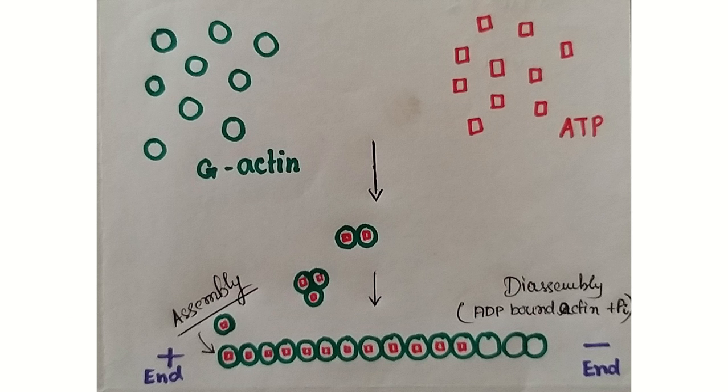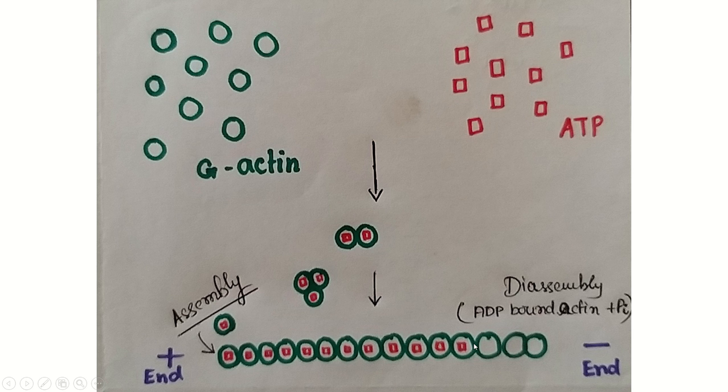Now let's carefully look into this picture. This is a diagrammatic representation of polymerization of the filament. Here we see G-actin without ATP, and these are ATP molecules. This G-actin will combine with these ATP molecules, and after combining with ATP molecules, it will get assembled at the plus end or growing end.